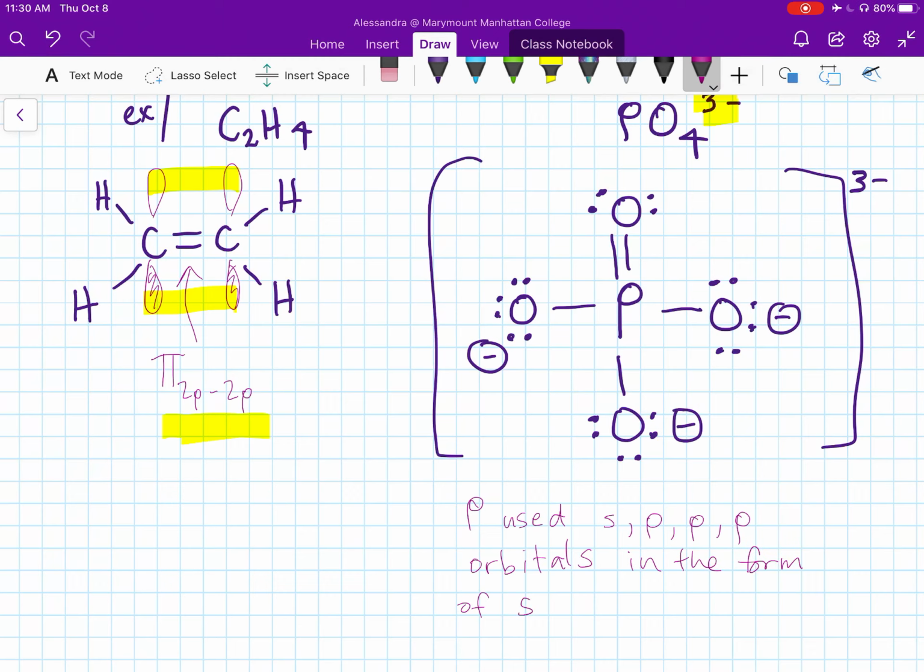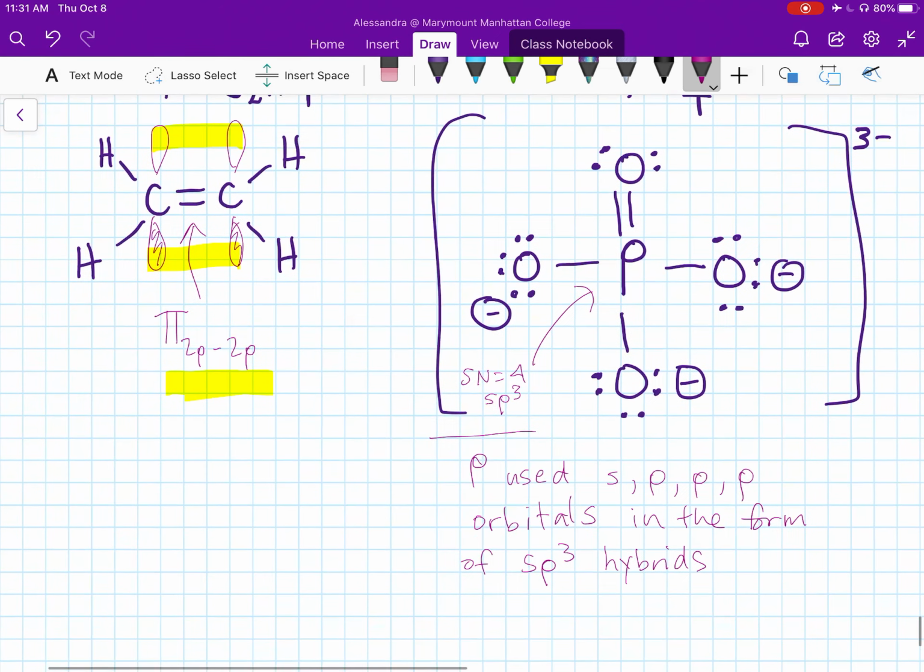If I look at this, I would say that phosphorus has an SN of 4 and is therefore sp3 hybridized. So it used its 3s and its 3p orbitals to make those sp3 hybrids. And that's what produced the sigma framework, the single bonds in the molecule.